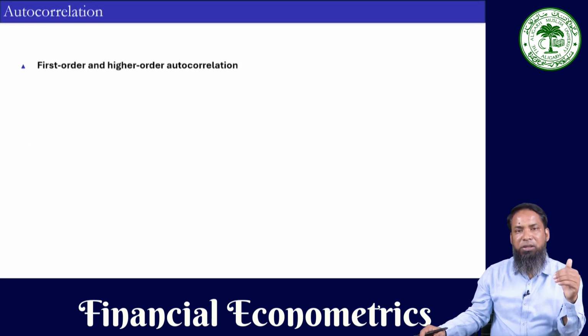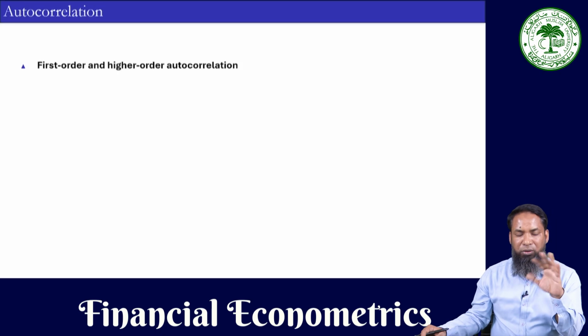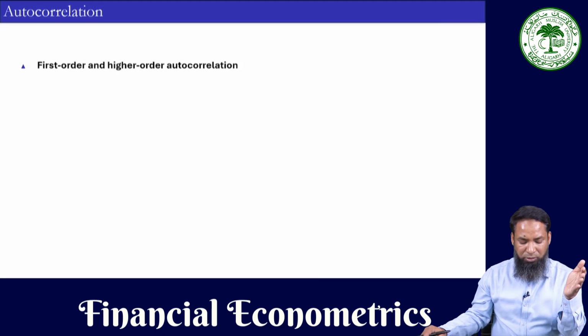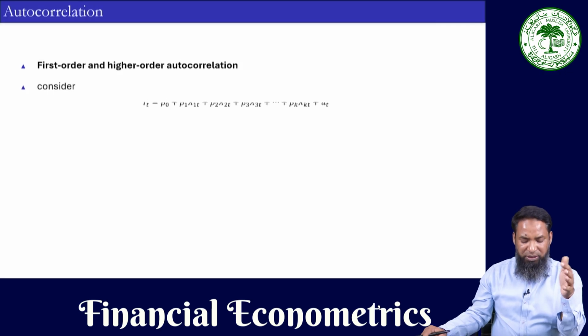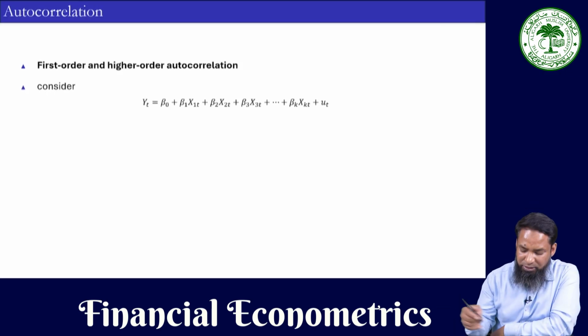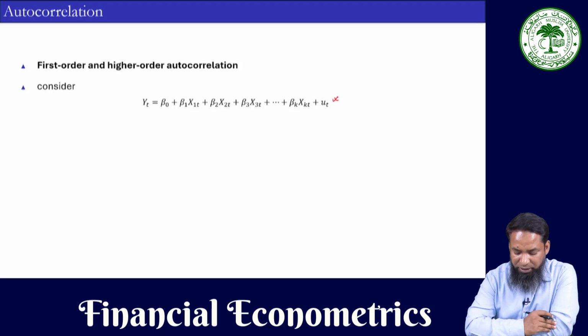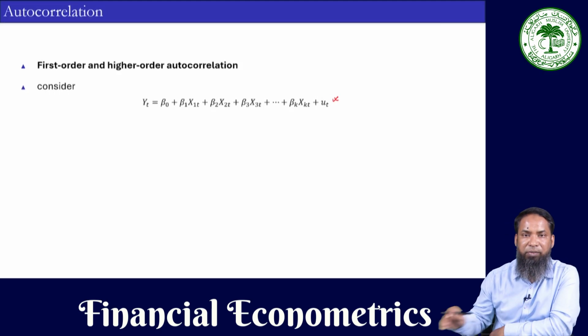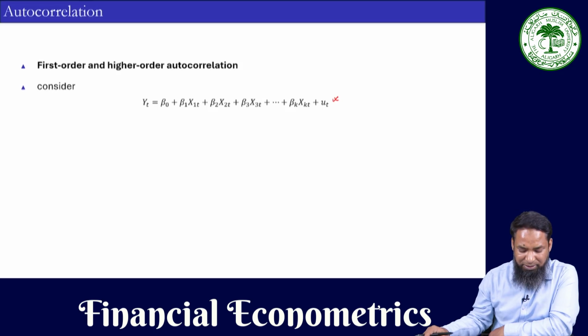Now, autocorrelation could be categorized into two types: first order and higher order autocorrelation. To understand that, let us consider a regression equation yt, which depends on k explanatory variables, and we have the error term and an intercept term beta 0.